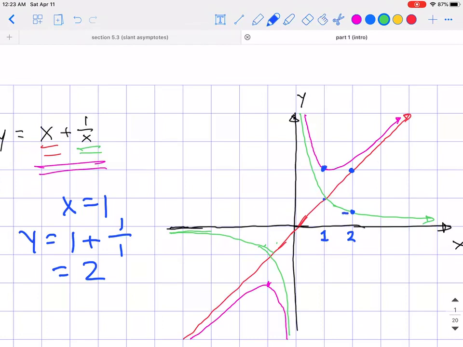We take this small amount and add it to the y value over here, and that's where we get this point. As we keep going, at x is equal to 3, this is going to be a y value of 3. We take this small increment, put it over here, and that's where we get this point on the curve.